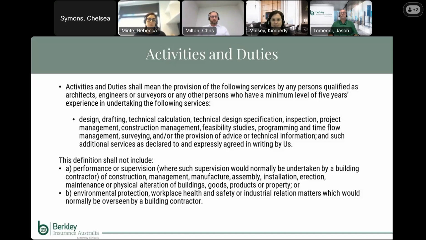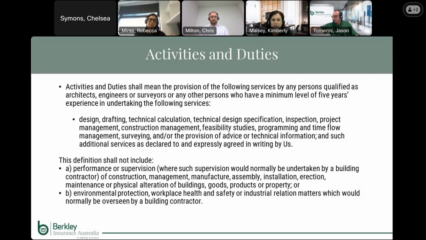The coverage under a D&C PI policy is governed by the activities and duties in the policy, which is defined as the provision of the following services by any persons qualified as architects, engineers, or surveyors, or any other persons who have a minimum level of 5 years experience in undertaking the following services: design, drafting, technical calculation, technical design specification, inspection, project management, construction management, feasibility studies, programming, time flow management, surveying, and/or the provision of advice or technical information, such as additional services declared to and expressly agreed in writing by us.